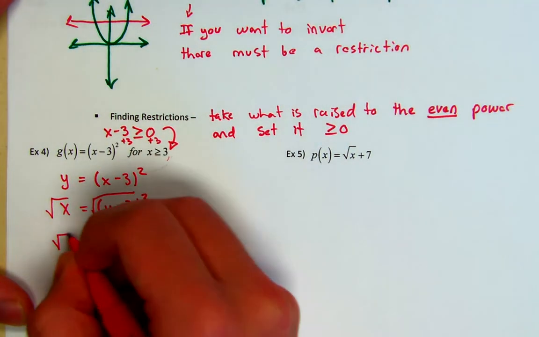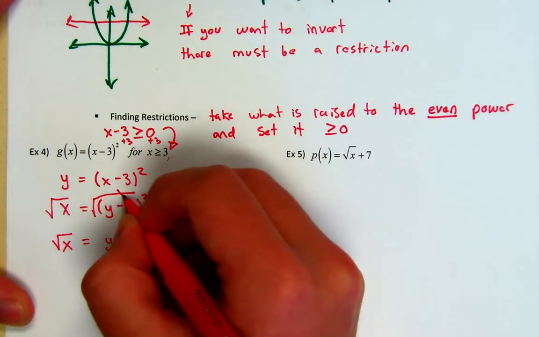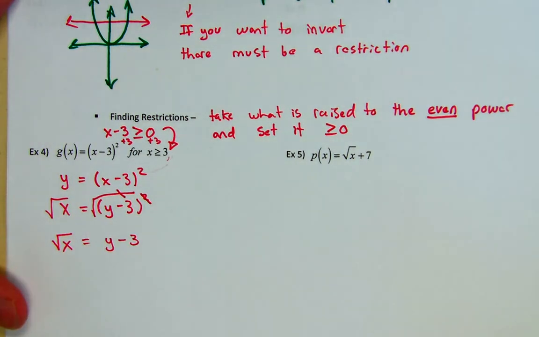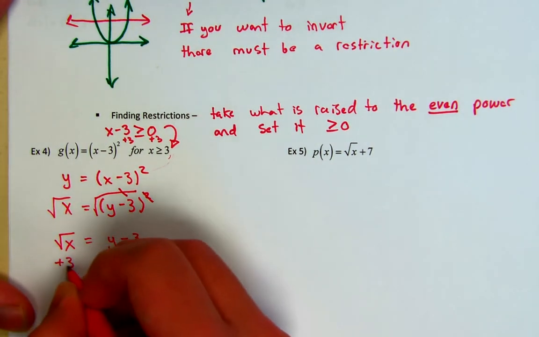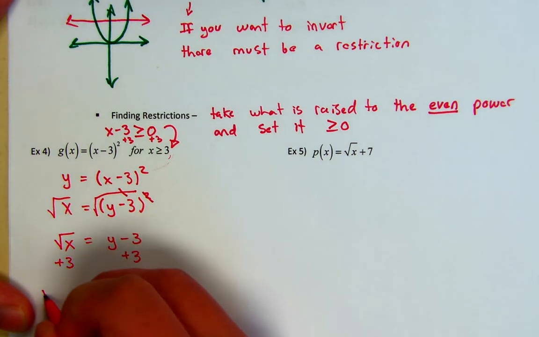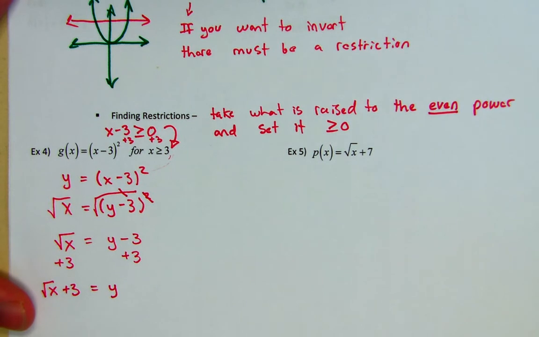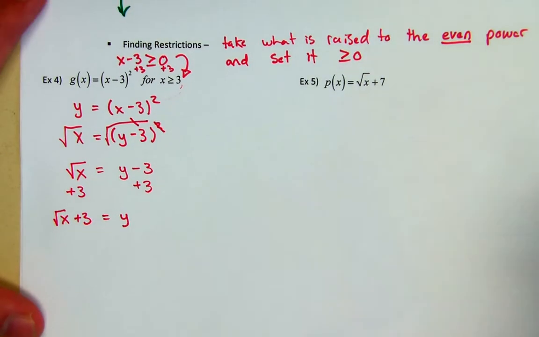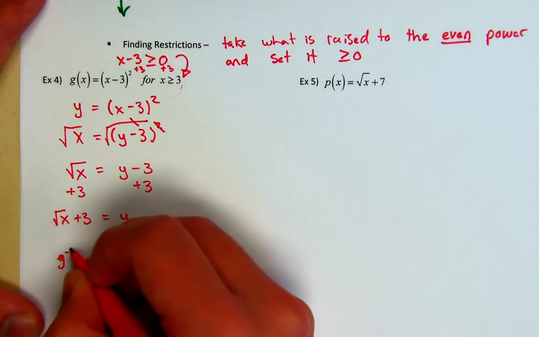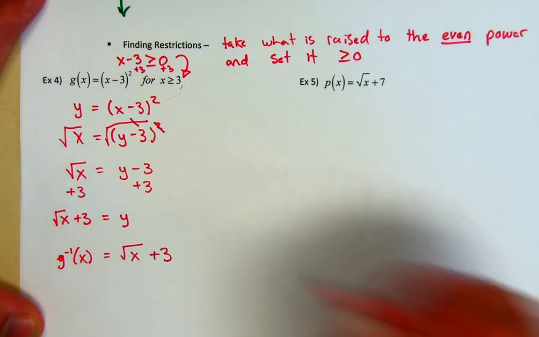So I have the square root of x equals y minus 3, since the square root and the 2 cancel each other out. Now, to solve for y, I need to add 3 to both sides. So I have the square root of x plus 3 equals y. And finally, I need to write it in proper inverse notation. So I have g inverse of x equals the square root of x plus 3.